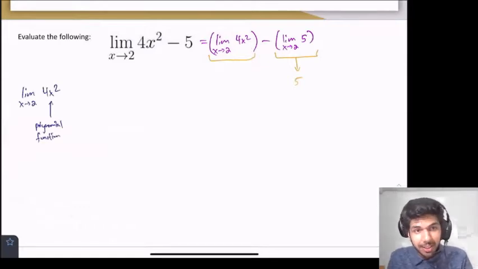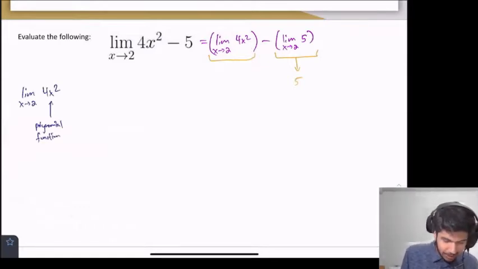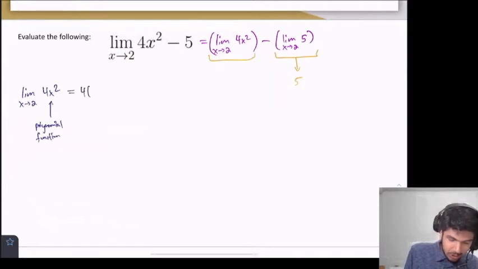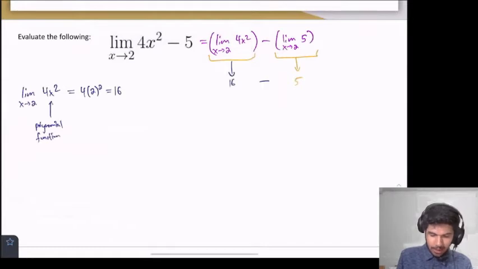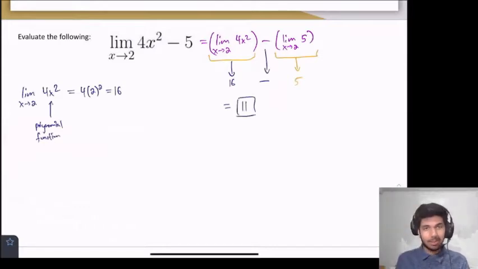So we can just plug this value of 2 into here, and that's just saying this is equal to 4 times 2 squared, and that equals 16. So this comes down to 16, and then we drop down this minus sign, and that is equal to 11. So that is our limit.